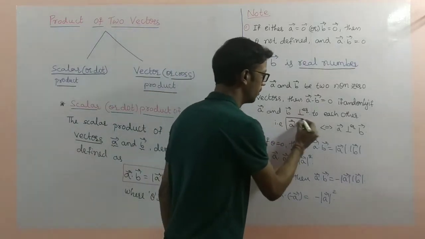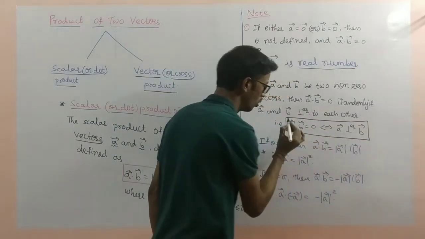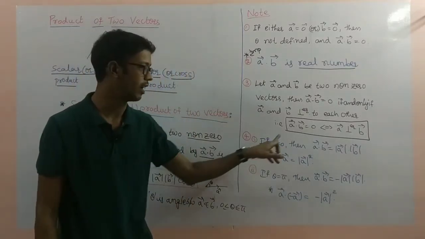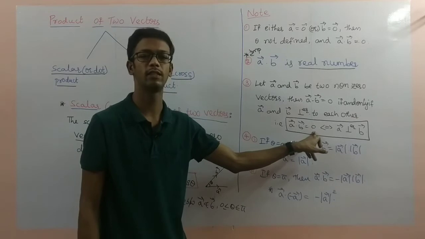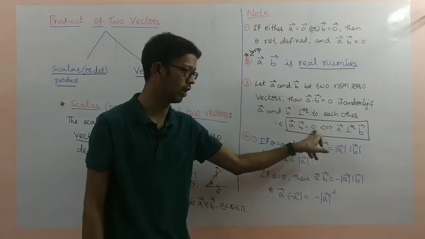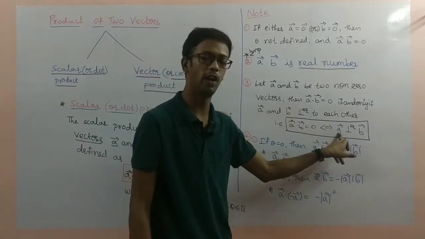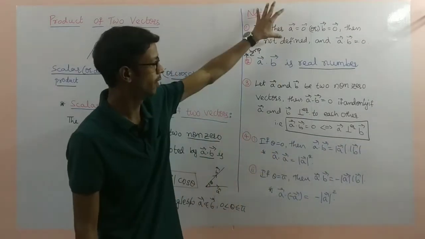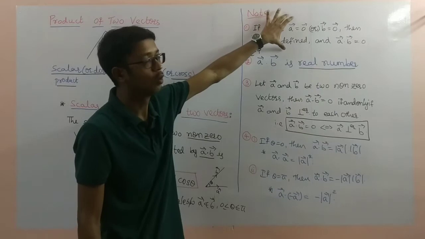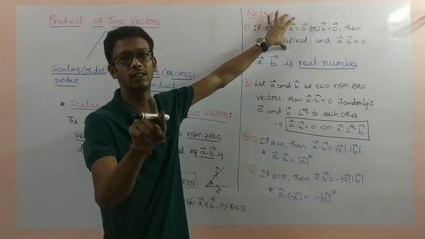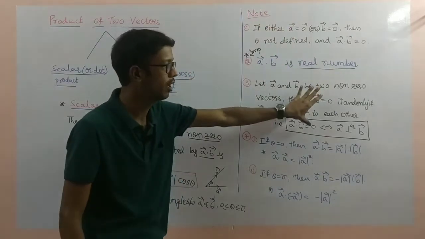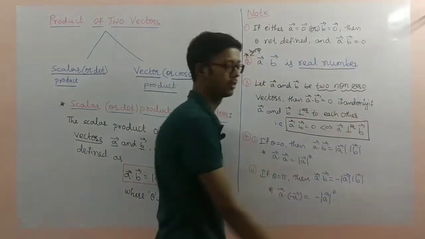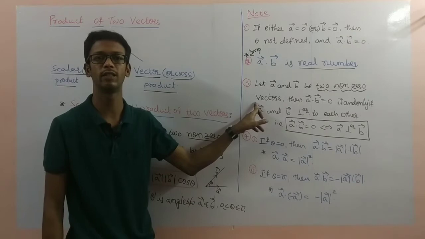Two vectors are perpendicular if and only if the dot product of the two vectors is 0. The dot product of two vectors is 0 if and only if A bar is perpendicular to B bar. This is different from the earlier case where one vector is a zero vector; here both are non-zero vectors but the dot product is 0.